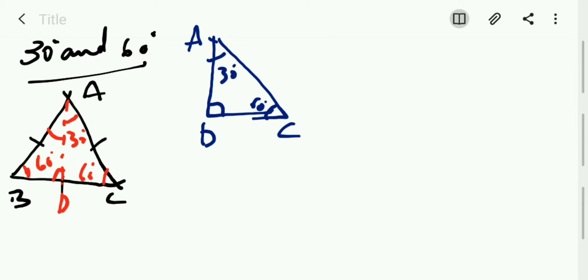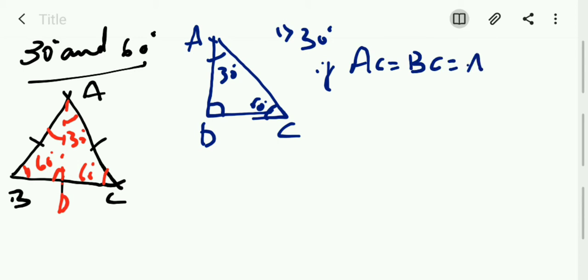Okay, now finding out, first let us do it for 30 degree. Now suppose AC is equal to BC is equal to AB is equal to X. If I name the side as X, so this is X, what would be the DC?